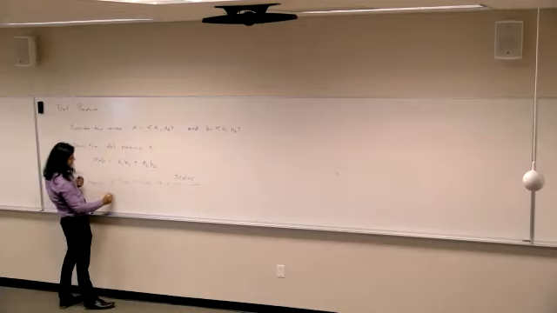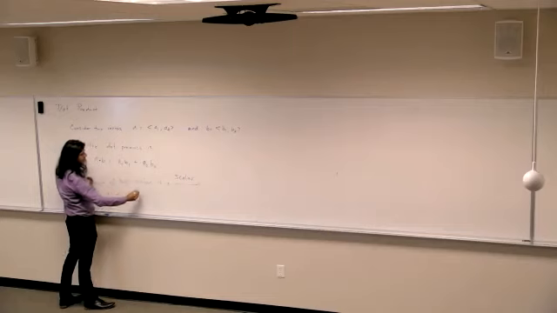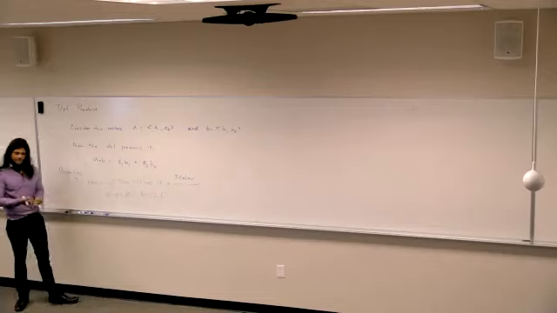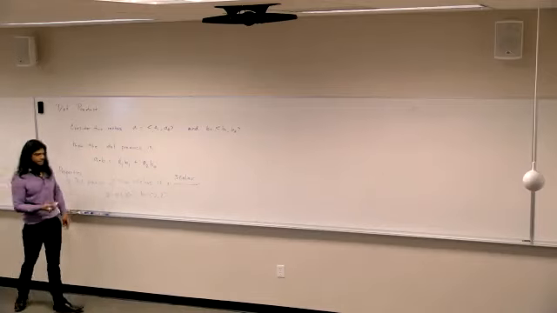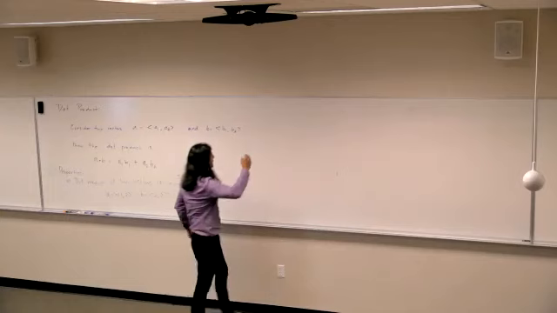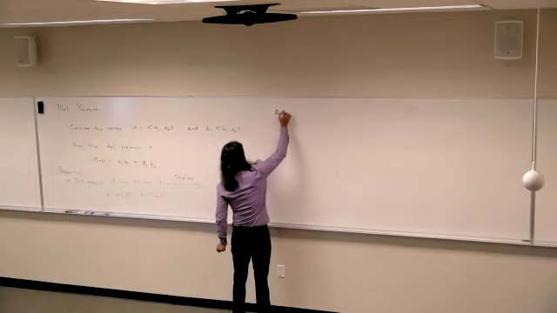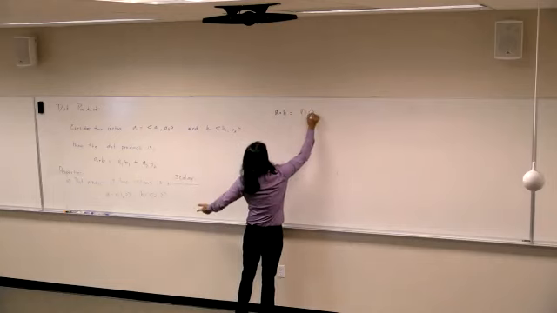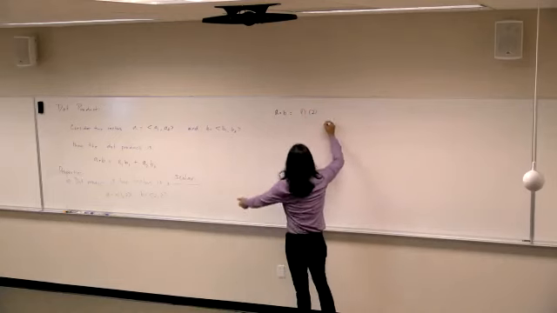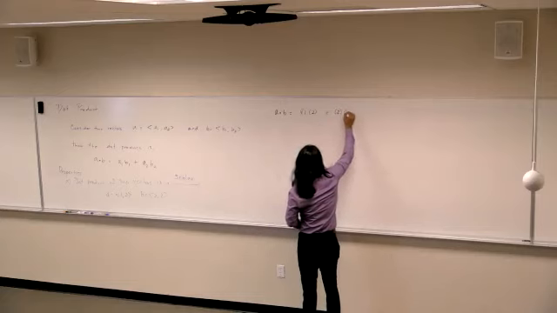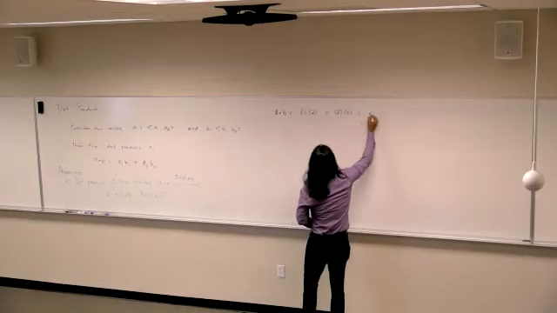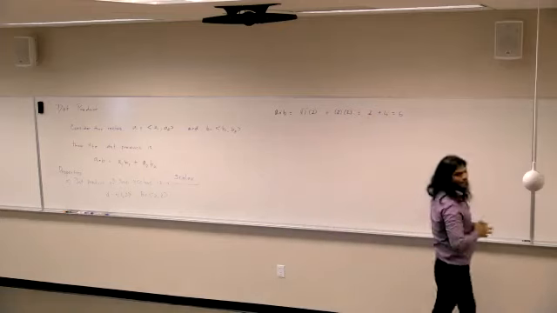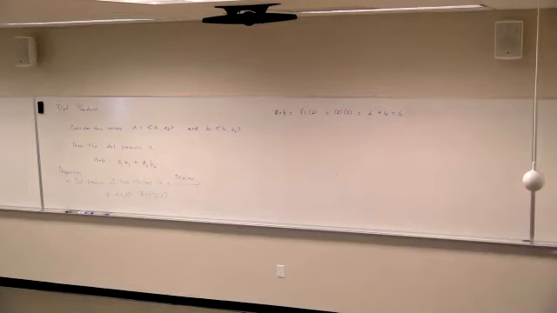So if A is 1, 2, and B is 2, 2, what is the dot product of A and B? A dot B is simply 1 times 2, A1 multiplied by B1, plus 2 times 2. You have 2 plus 4, end up getting 6, which is simply a number.